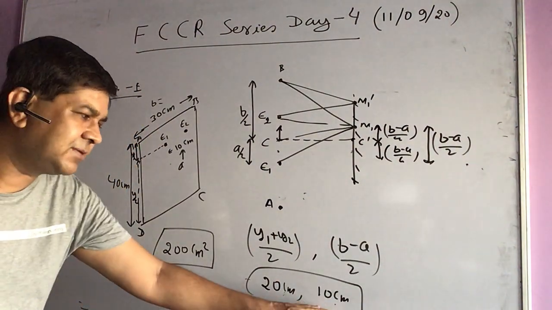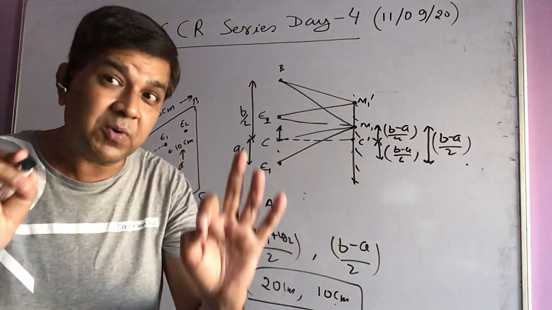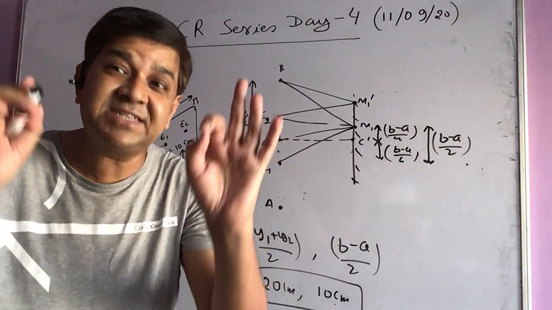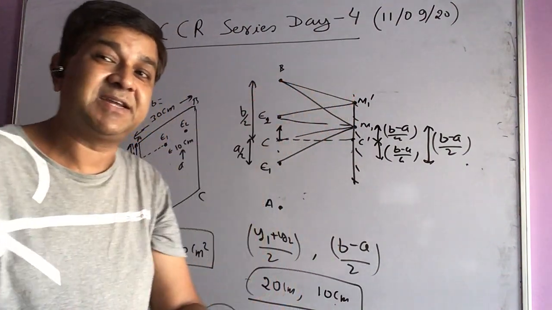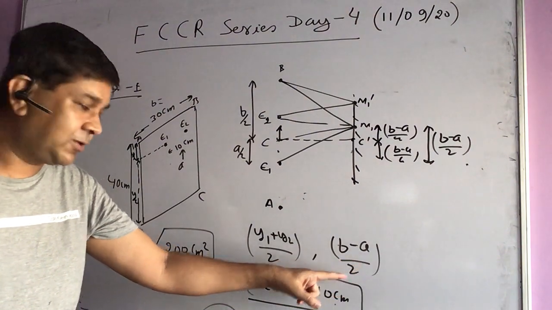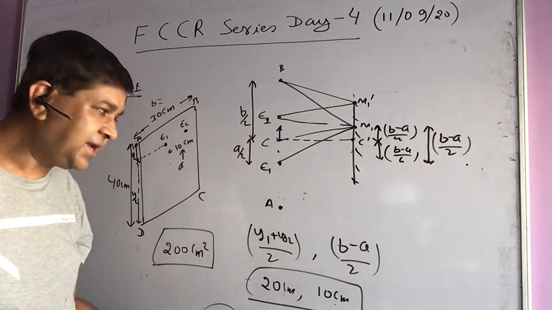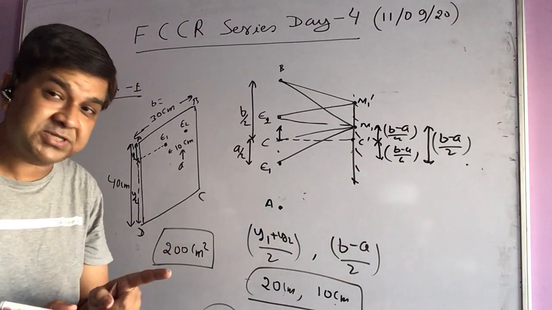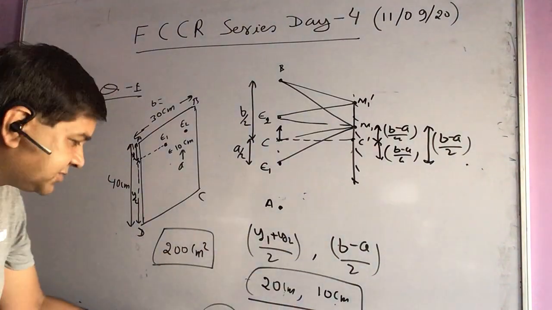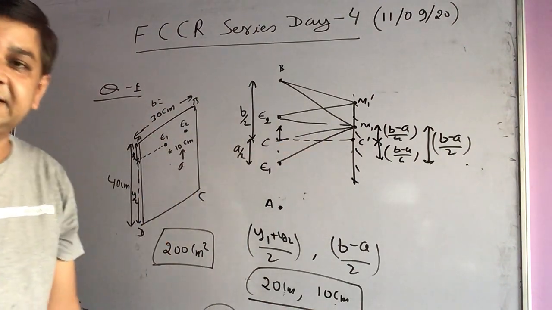If I satisfy 10 centimeters, it is already greater than 5 centimeters. But if the distance between eyes is more, say 20 centimeters, then the width of the mirror required is not 5 centimeters, B minus A by 2, it is 10 centimeters, because there we won't have to see B minus A by 2, we will have to see A by 2, because we also require the center to be seen. So that is the catch here.